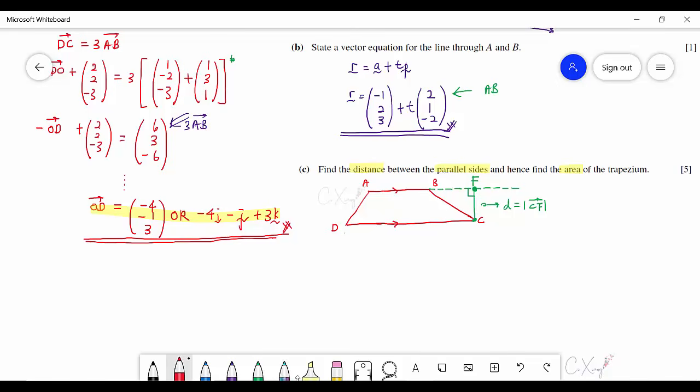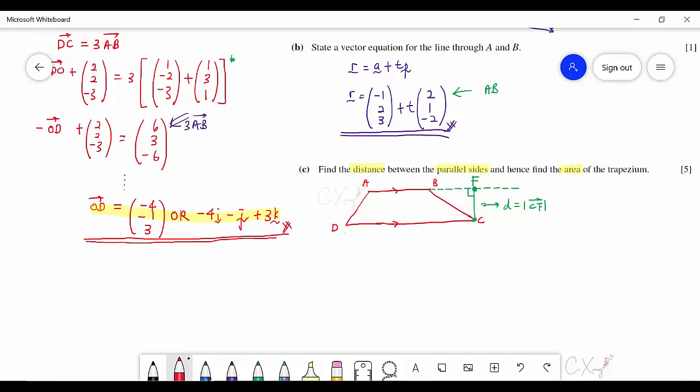In short, what I want to find is the perpendicular distance from the point C to the line AB, and I treat F as the foot of the perpendicular from C to AB.